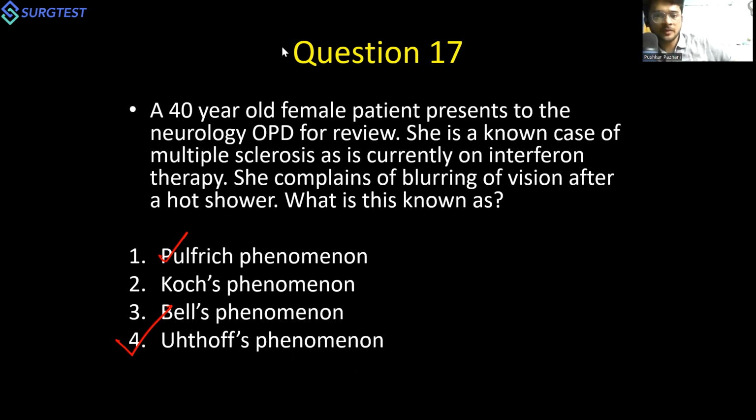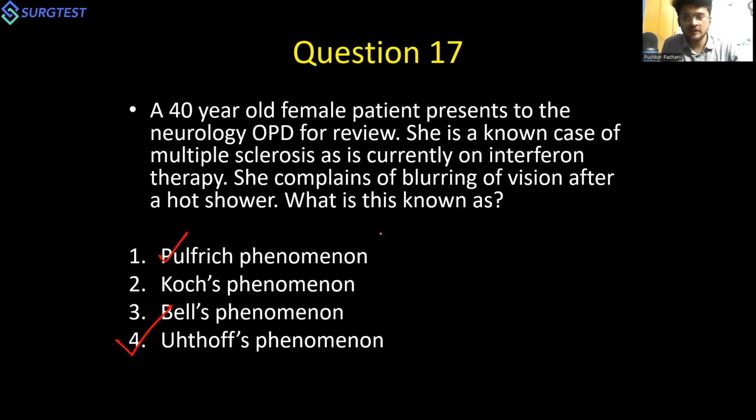Pulfrich phenomenon is actually an alteration in depth perception. Basically, in Pulfrich phenomenon, the impulses in the optic nerve are going very slowly to the visual cortex, so there is an issue with depth perception. Patients don't perceive the depth or the distance between them and the object. So what is actually viewed as two-dimensional may appear as three-dimensional. Let's take the example of a pendulum.